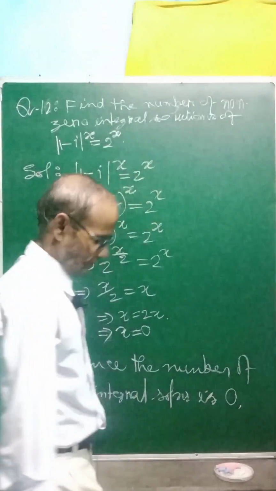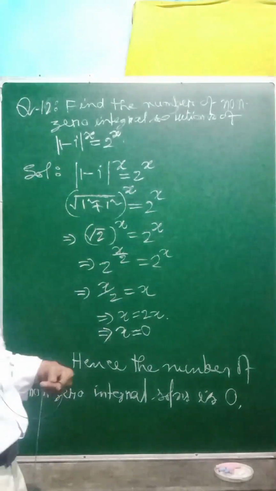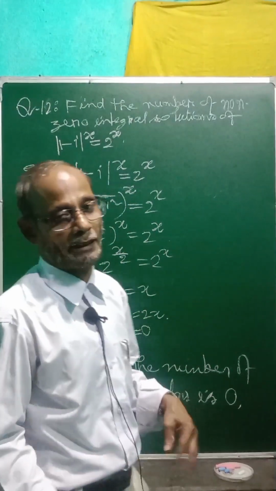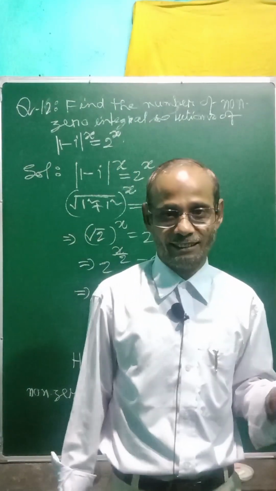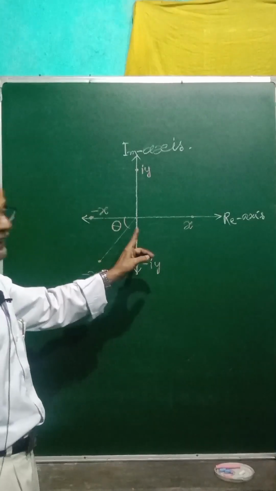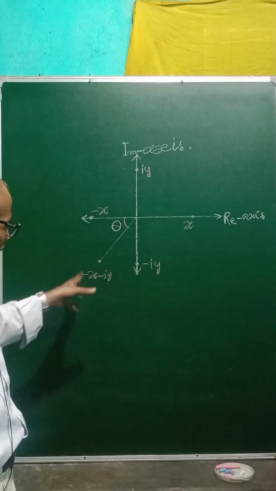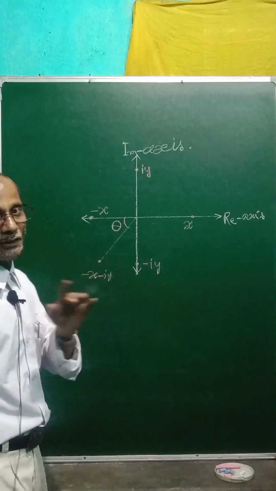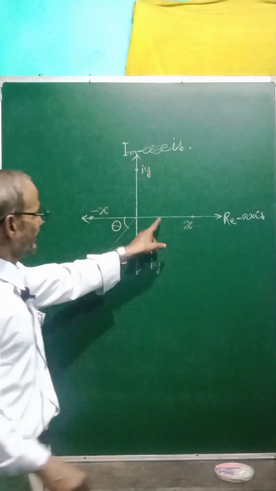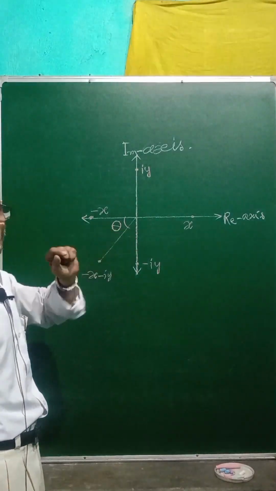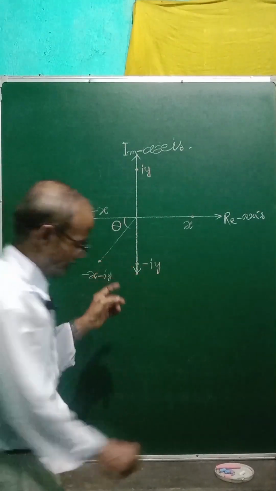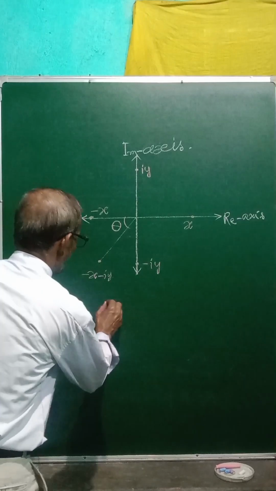Now we are moving to the concept of principal argument on the axis. Look at this Argand plane and first consider this point for which we want to find the principal argument. This is the angle, a negative angle. For that we need to find out first the magnitude of this.